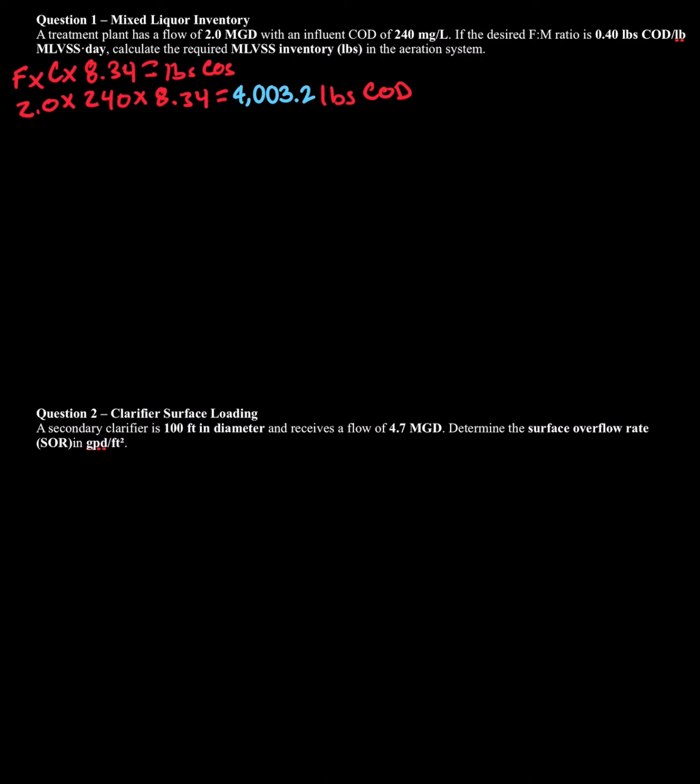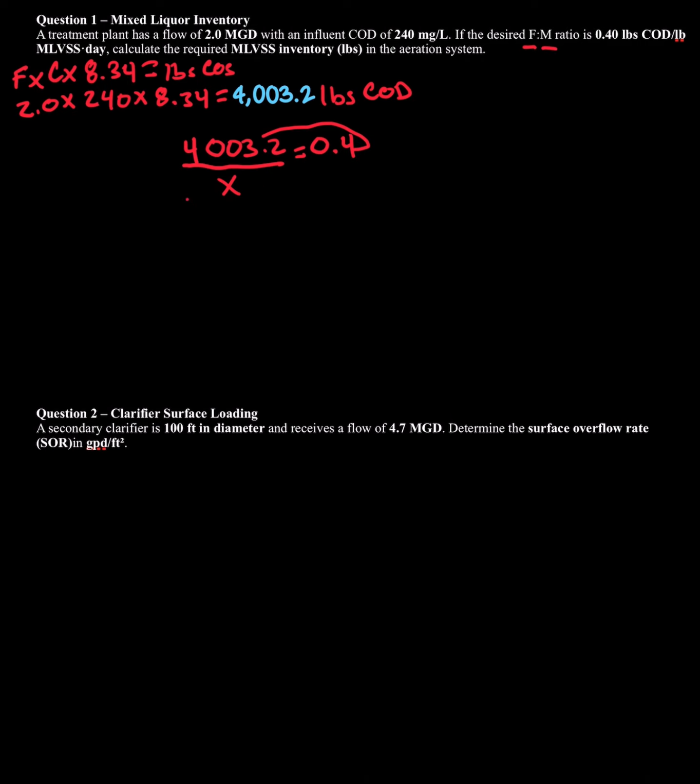And then we're going to put that into our F/M calculation, which F is the COD and M is the microorganisms or MLVSS. So 4,003.2 equals 0.4 for our F/M ratio, and we do not know our MLVSS, but that'll be our, let's just say, X.